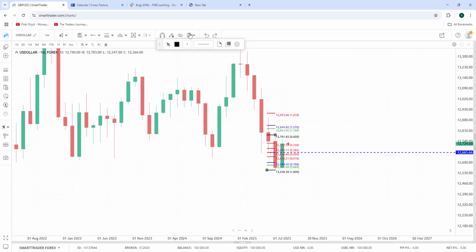Now you can see the current month has gone past it, which now this is acting as support for the monthly period. This is main support. So we use this 50% as support. Now, for resistance levels, we look at close and opens.